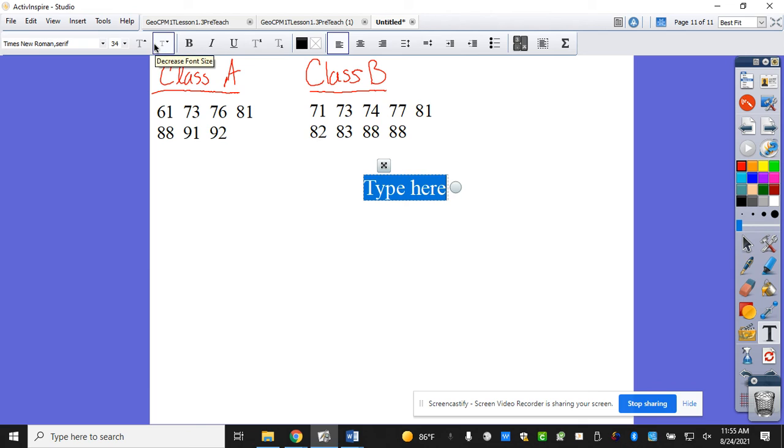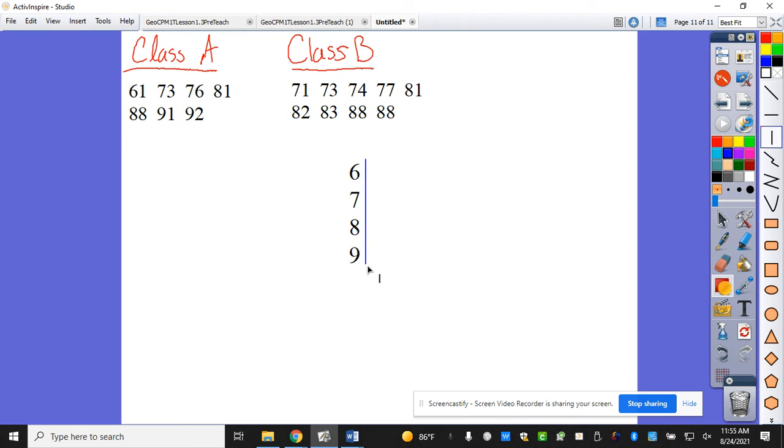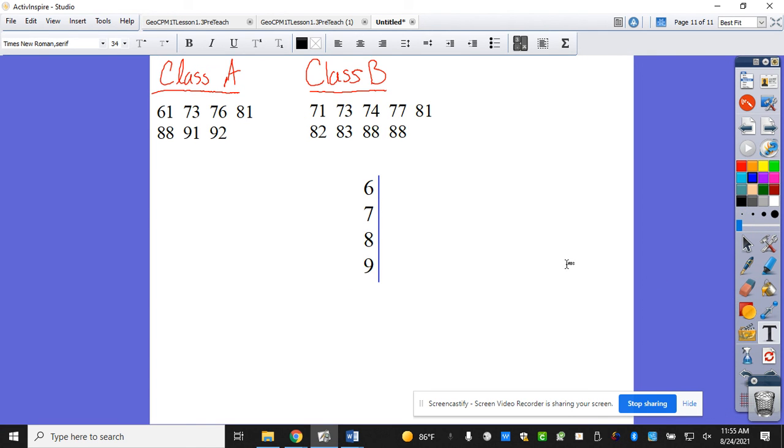So what's my first number in the middle? On the left side is what? 6, then. So do your stem plot for class A. This should be super easy because I've done it really quick.